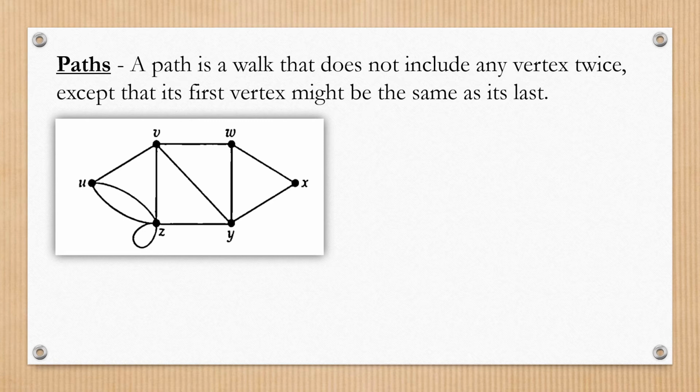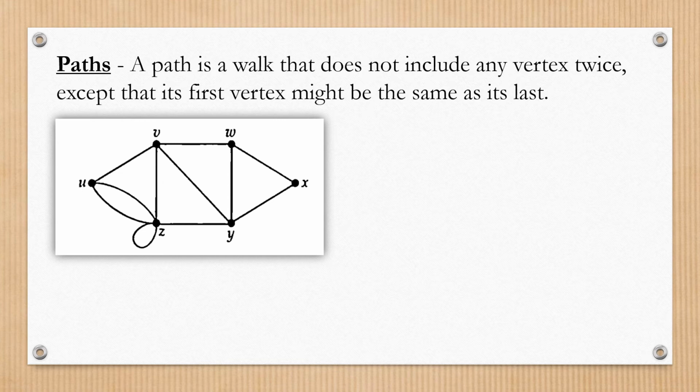Ginamit natin yung same vertex sa walk ng 2 beses, ng 3 beses. We can do that in the walk. But in the path, we cannot use the vertex more than once.